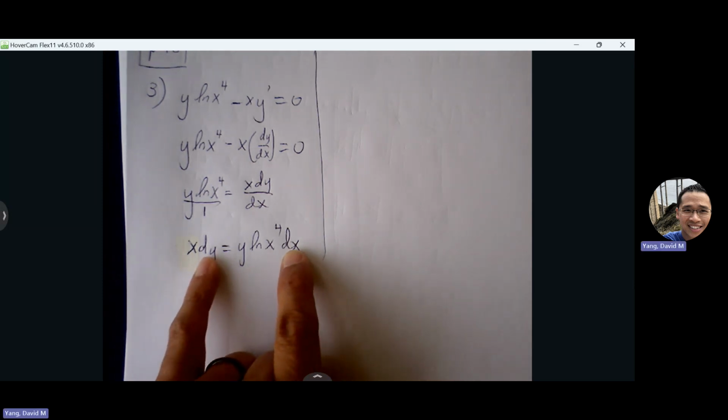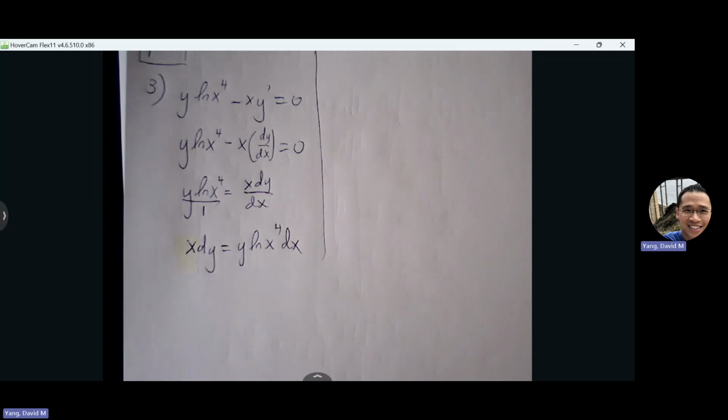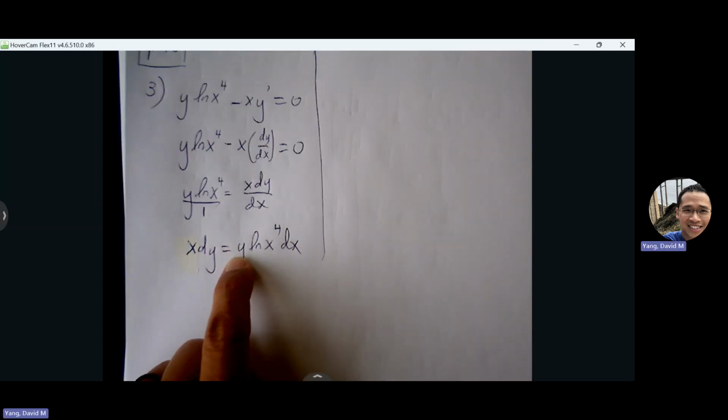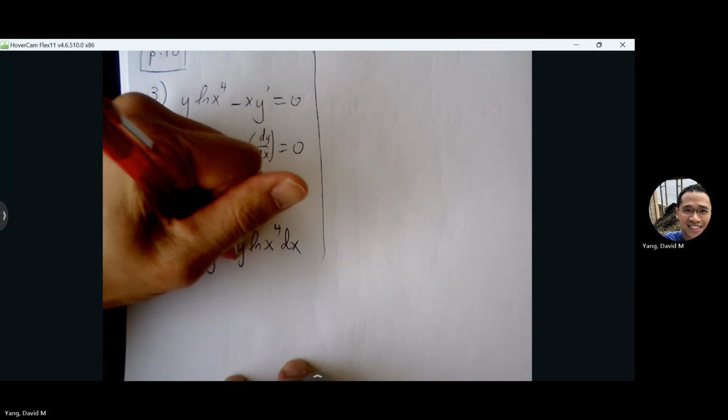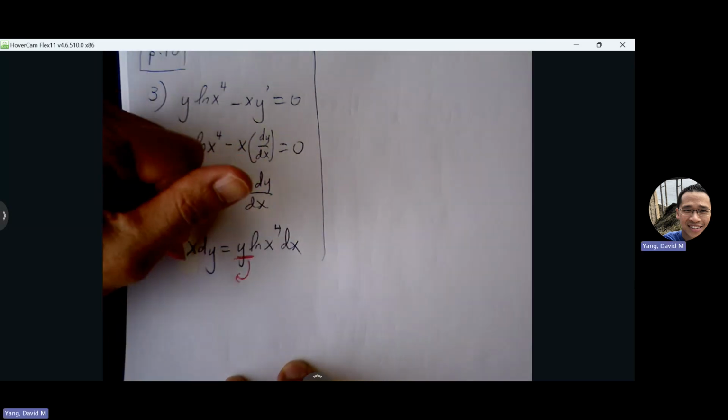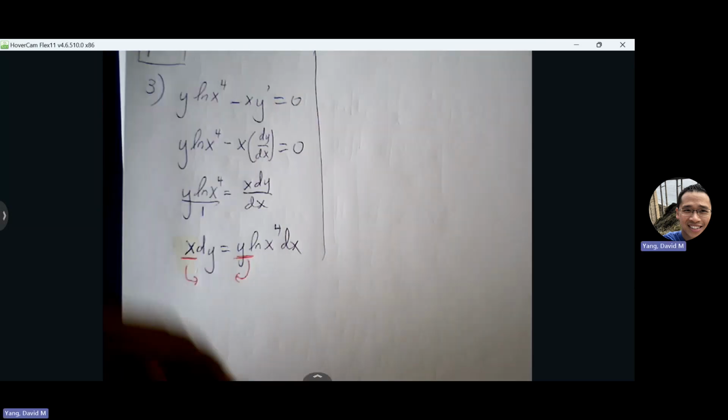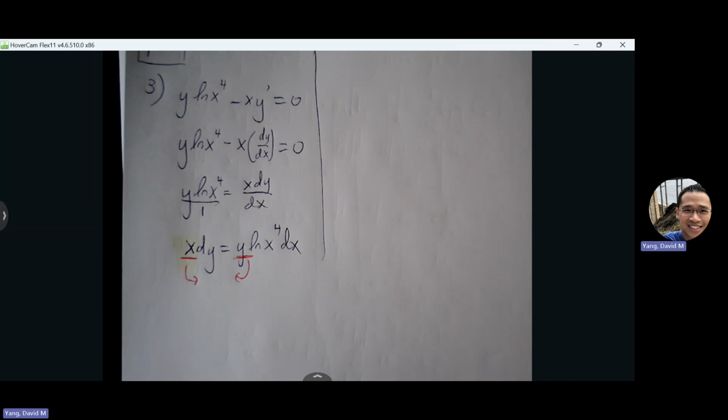Right, so I have my dy and dx in their right places, but now we have to consider, do we have full separation of variables? What do we see out of place? Yeah, so this y needs to move. What else? dx has to move as well. So I'm going to just do 2 things at once. I'm going to make both swap places to the other side of the denominators on both sides.